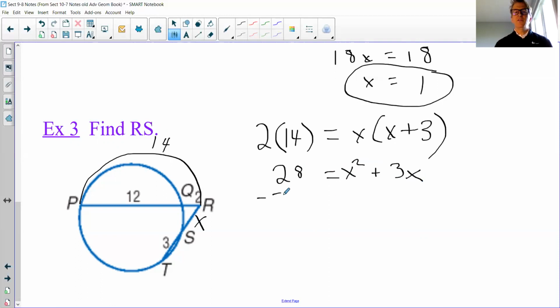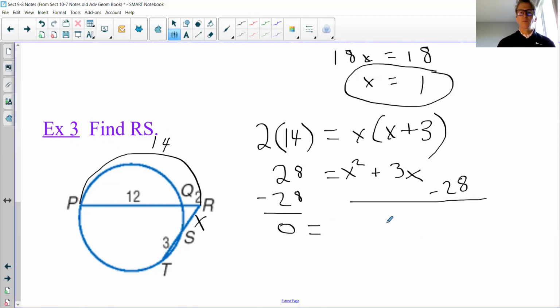Okay, now subtract your 28 from both sides. And you end up with 0 equals X squared plus 3X minus 28.